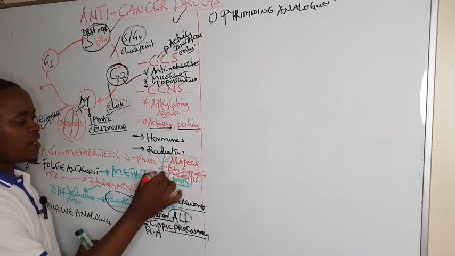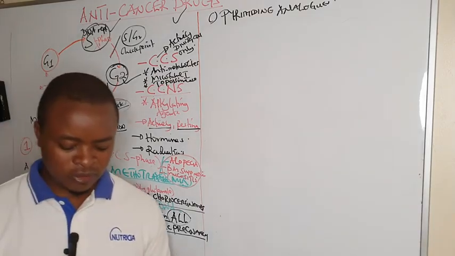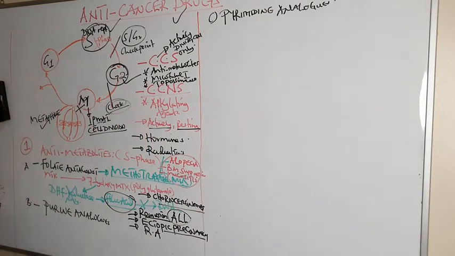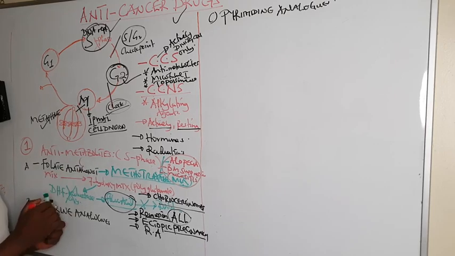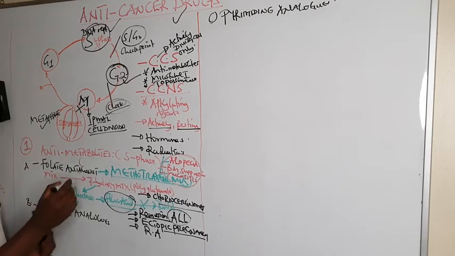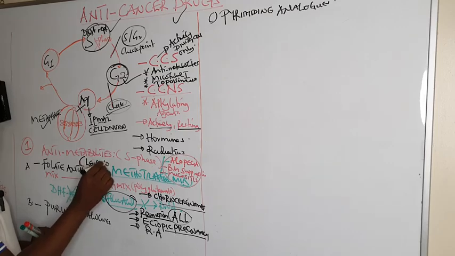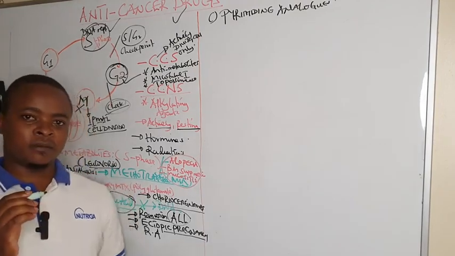If these side effects of methotrexate appear in patients on this treatment, we can give an antidote known as leucovorin, also called folinic acid.